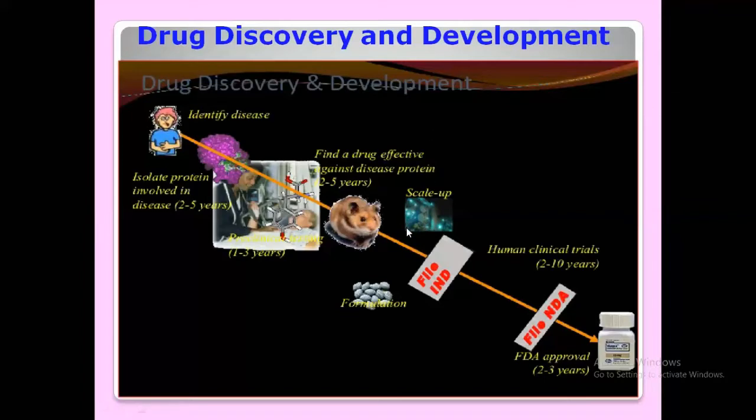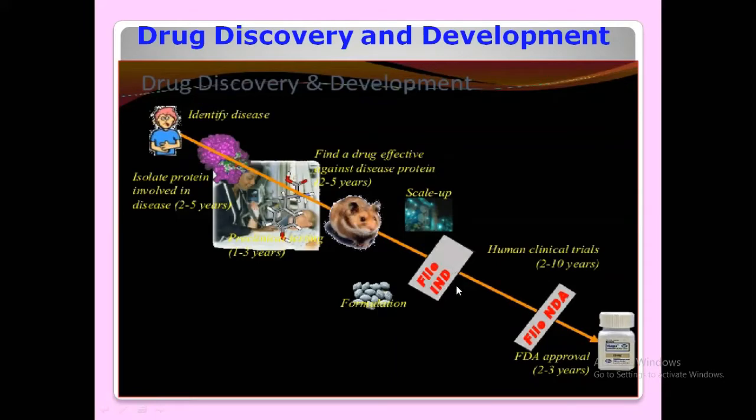Once a drug's effectiveness is confirmed, it should be prepared in large quantities in the pharmaceutical labs. You get the drug in the form of a tablet or injection, any one form.